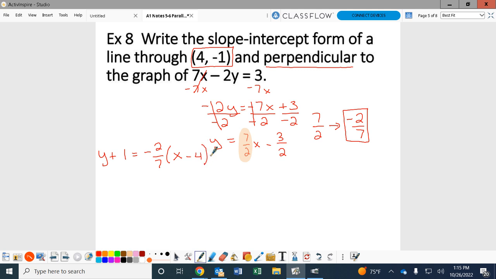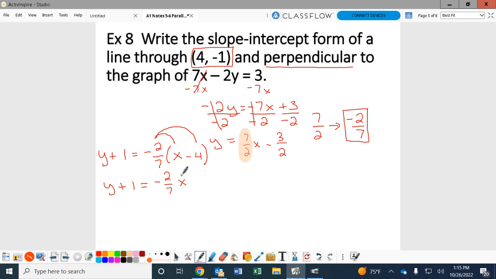Just plugging in the point slope. Does anybody have any questions? All right, let's solve it. This is the stuff from your last test. Multiply across, y plus 1 equals negative 2/7 times x is just negative 2/7 x.